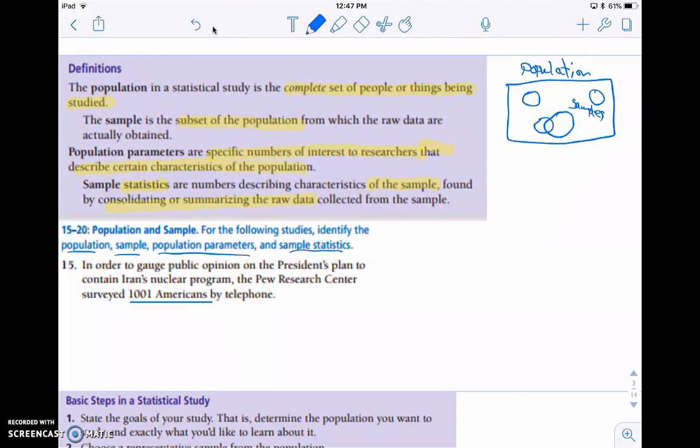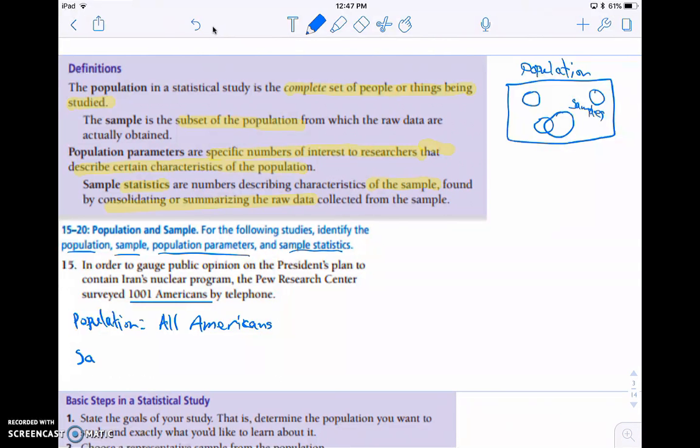So what's our population? Well, when we look at the sample that was obtained, they only contacted Americans. So the population is going to be all Americans, because our sample was looking specifically at Americans, so it's a subset of all of the Americans.